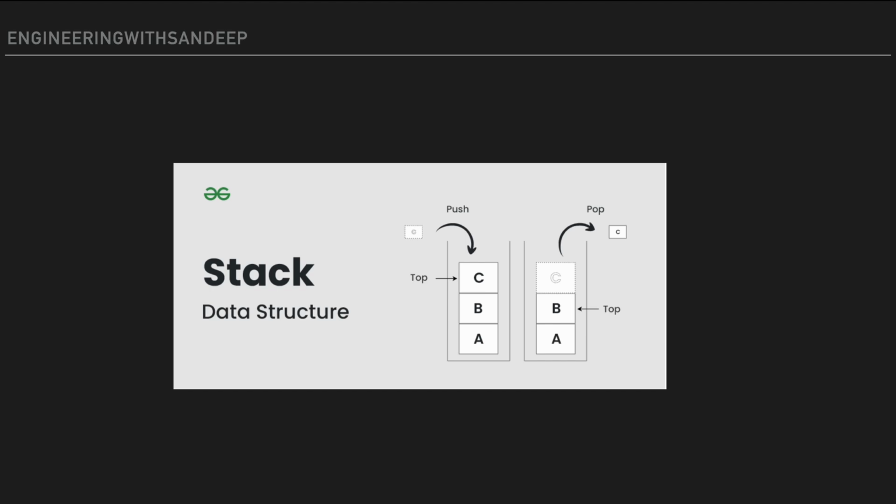Here we can see A, B, and C are added and C is at the top of the stack. With the help of the push method, C is added to the stack, right? And with the help of the pop method, the top element, which is C, is removed from the stack. It's a very simple data structure used in many applications.